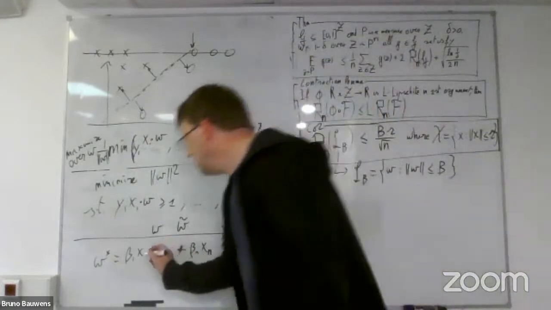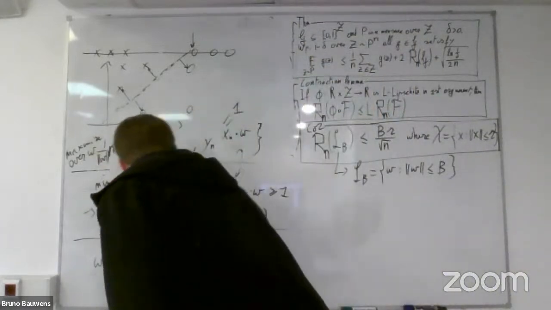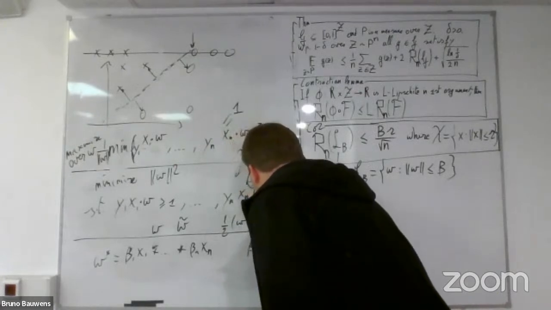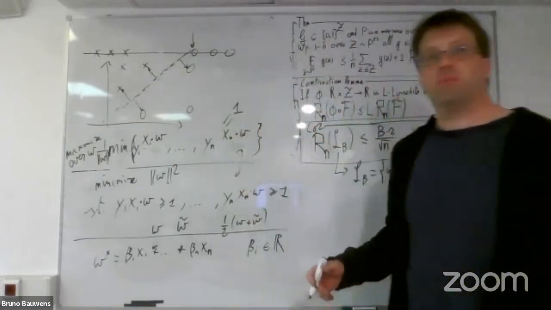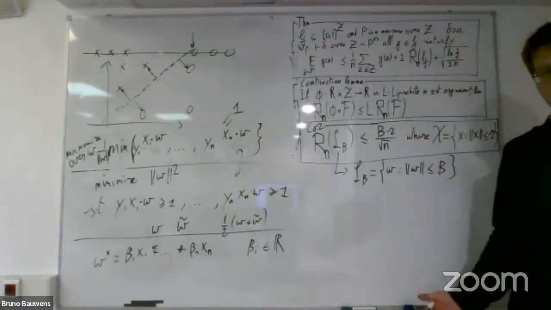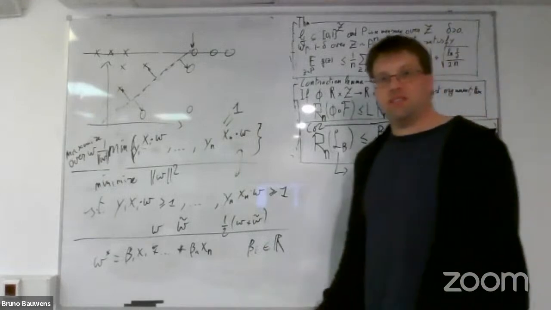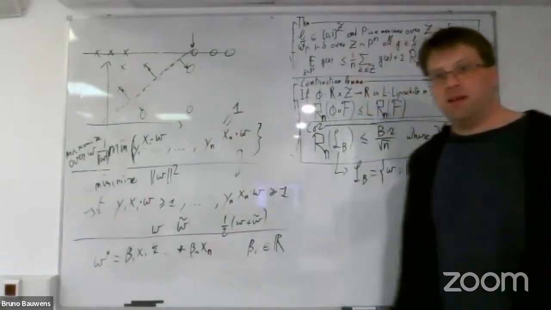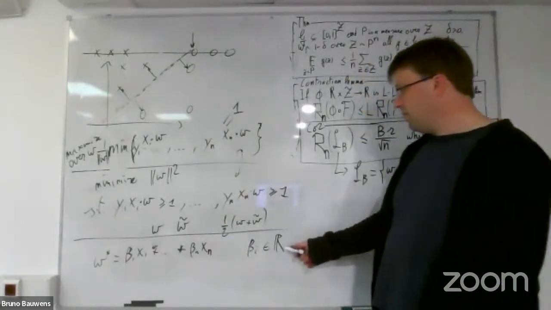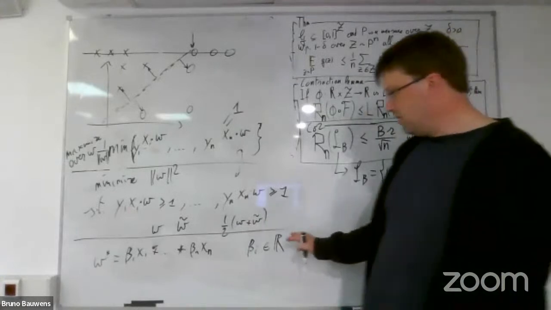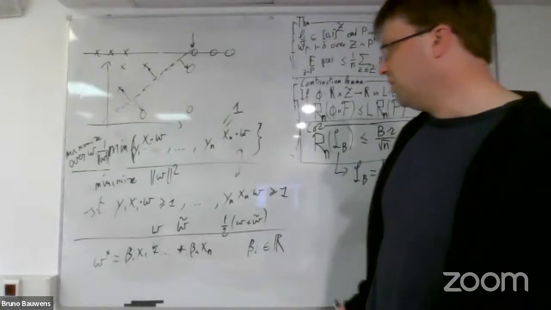Here I say that the beta i's are just in R. In fact, we know something more from the KKT condition, that the betas are non-negative. But we don't need these advanced things now. Actually, in the lecture about neural nets, we will speak about KKT conditions. But for now, let's not speak about it.